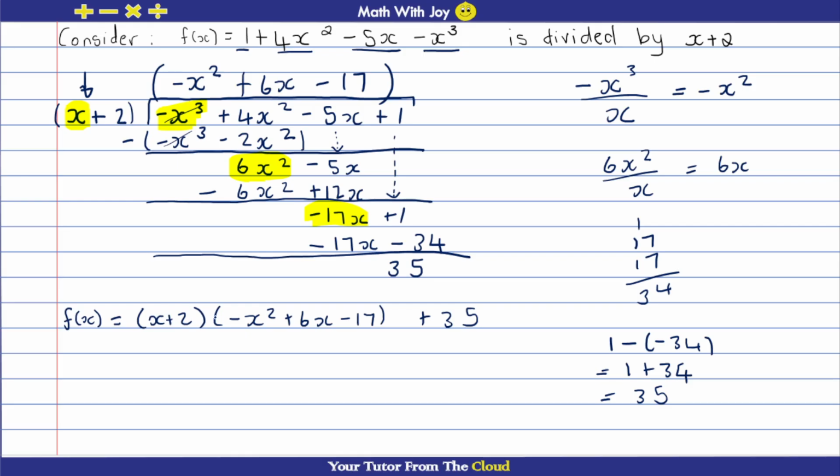And if you multiply this out, it should give you the original function that we had. So we want to be able to do this long division, and you will see in later topics why it's so important for you to be able to divide specifically a cubic polynomial by a linear expression there.